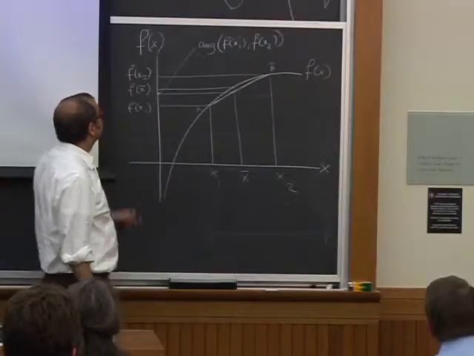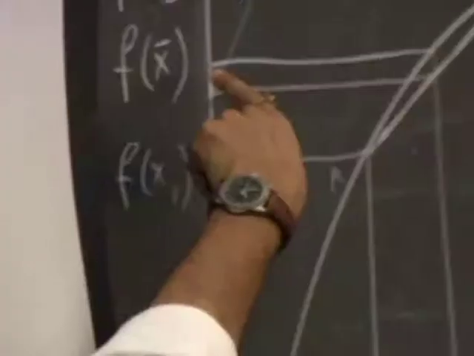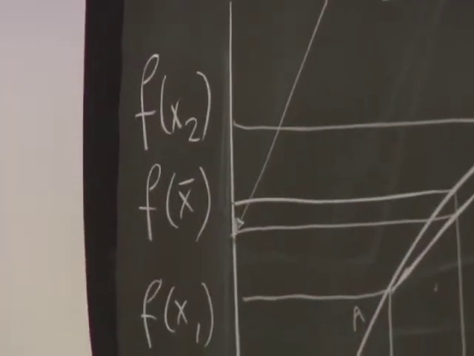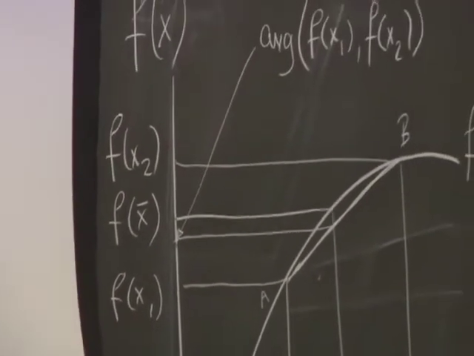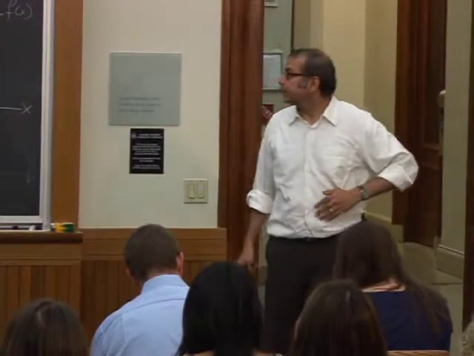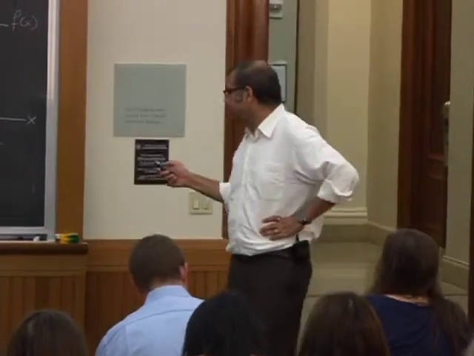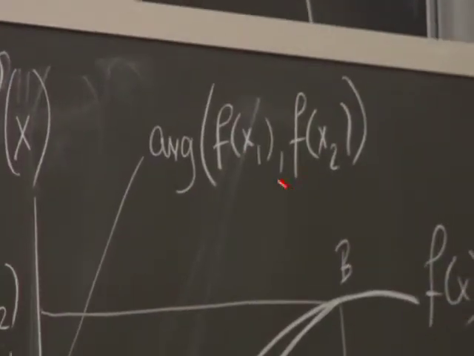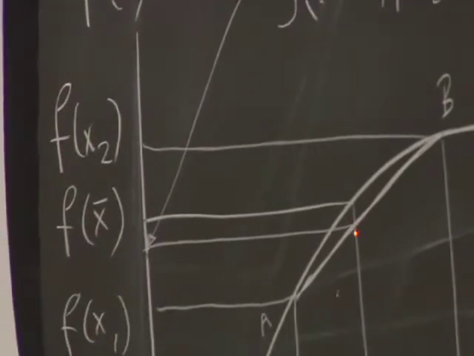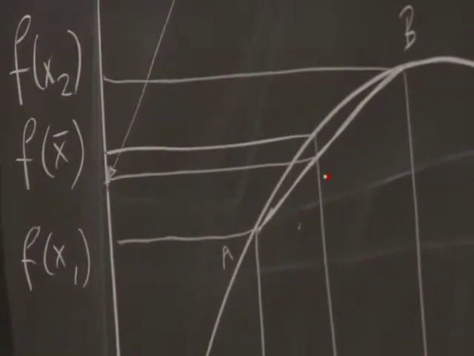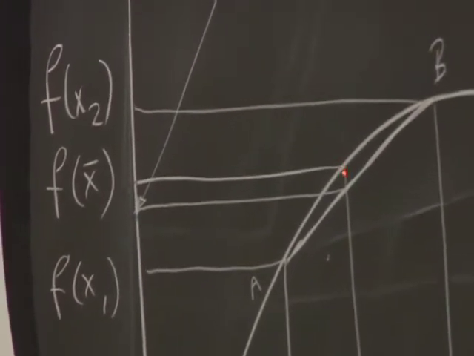So that average of the functions is always less than the function of the average, for a concave function. That's the function of the average.